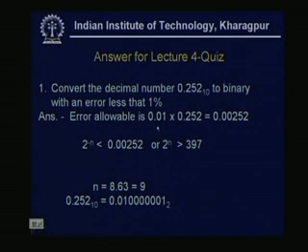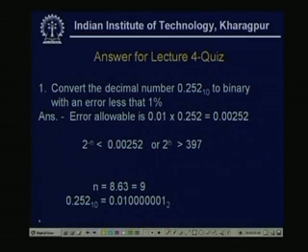Now, as the error is 1%, what will be the error on 0.252? We will be multiplying 0.01 into the number 0.252. So, this is equal to 0.00252.